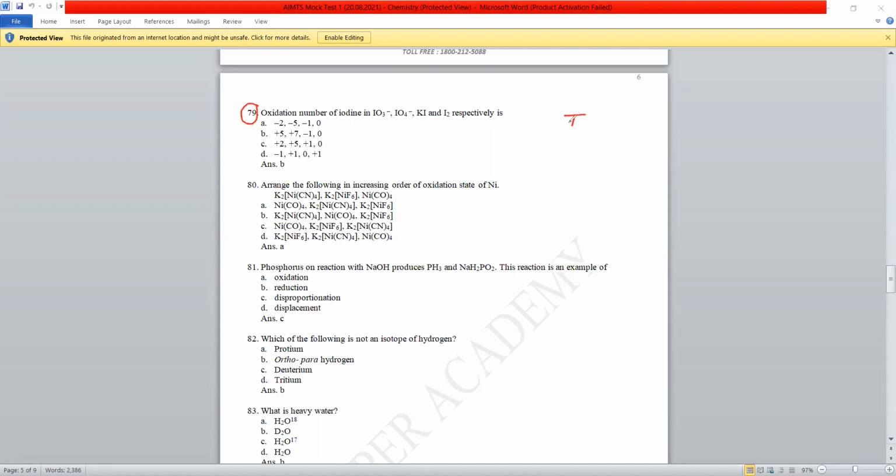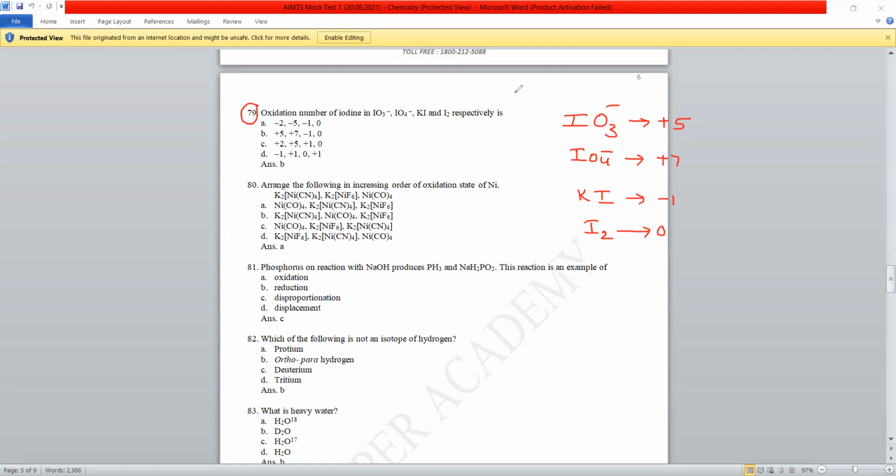Follow the same method, students. In IO3-, the oxidation state of iodine is +5. In IO4-, it is +7, and in KI the iodine is in the -1 oxidation state. In I2, it is the elemental form. The oxidation state should be 0 for any element in elemental form.